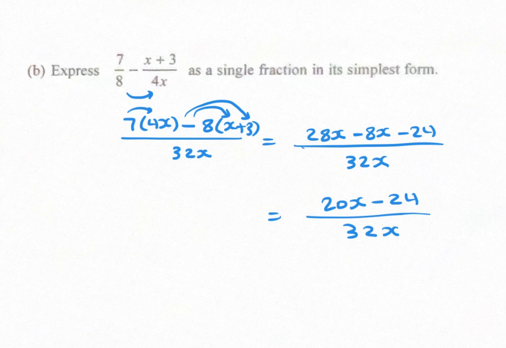To simplify, 20 and 24, 32 are divisible by 4, so we can divide by 4. So 20x divided by 4, 5x. 24 divided by 4 equals 6. 32 divided by 4, so 8, so 8x.